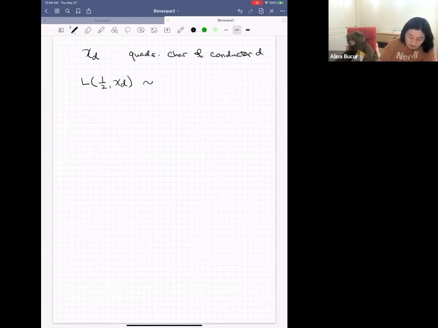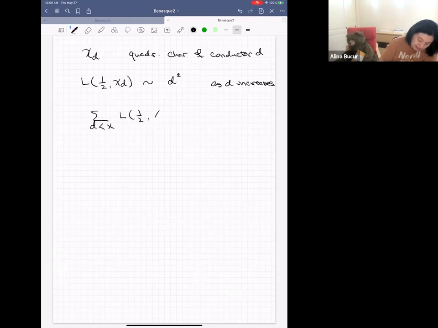What you would like to say is that this grows like D to the epsilon as D increases. This is called the Lindelöf conjecture. We cannot get anywhere close to this, of course, but what we can do is look at things like this, in other words, moments.